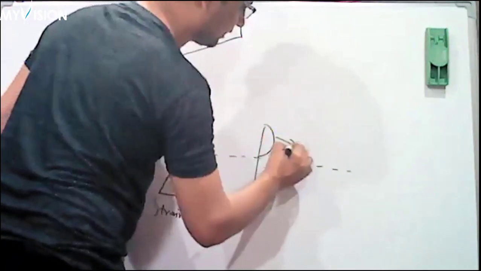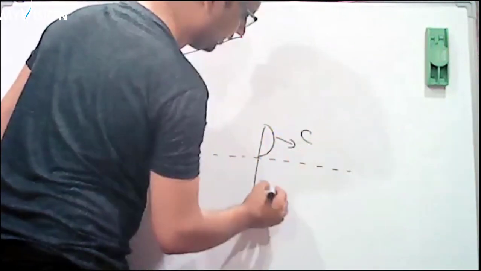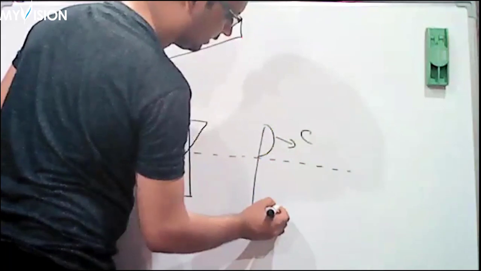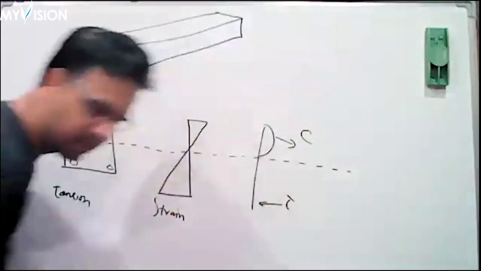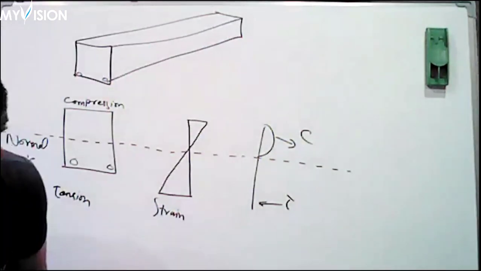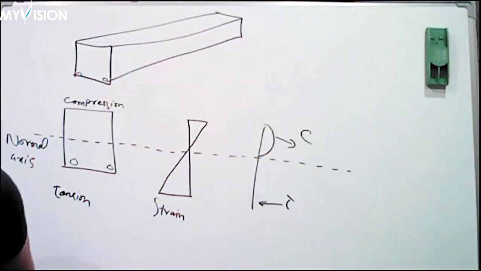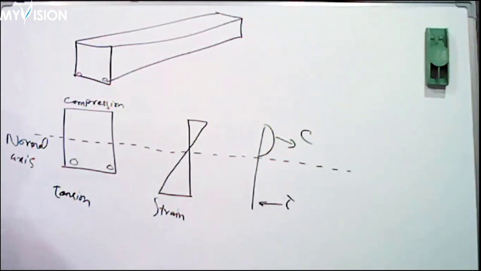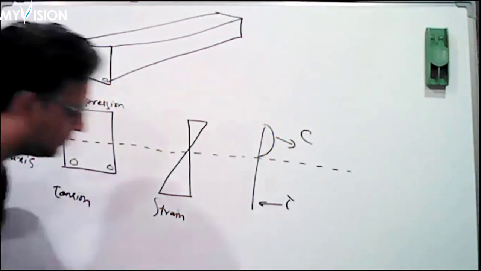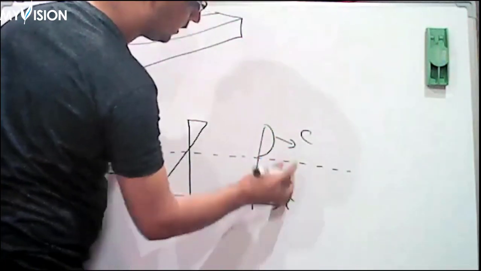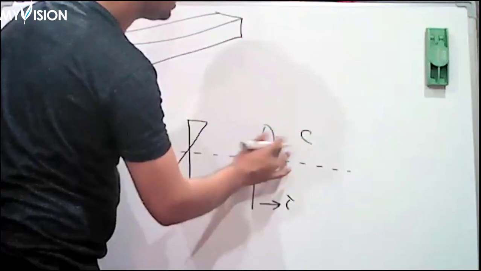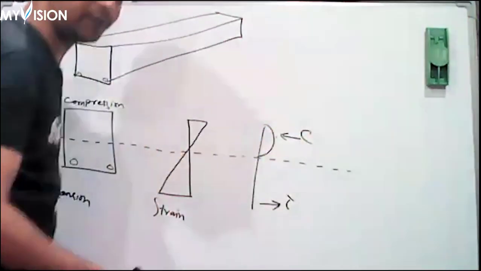This is the compression stress, we call it C, and this is the tension part, we call it T. Clear? Or you can use a different sign convention, it depends on your choice.